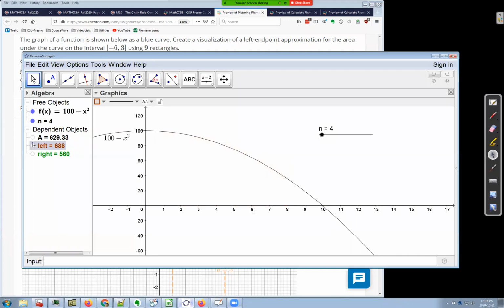Maybe I have this function, 100 minus x squared. There's a graph of it, and maybe I want to find the area under that curve between x equals 0 and x equals 8.